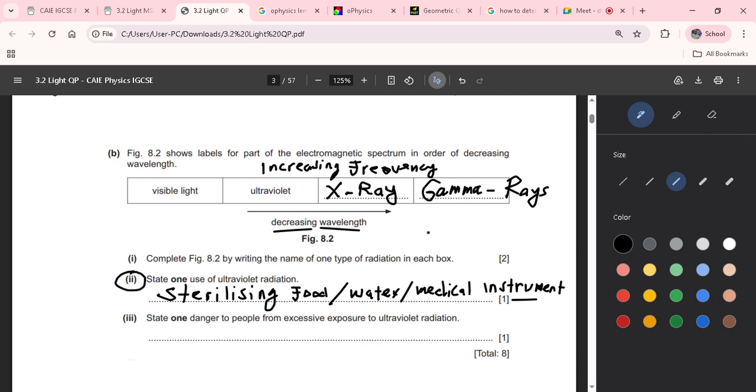Ultraviolet radiation can also be used to detect fake bank notes.